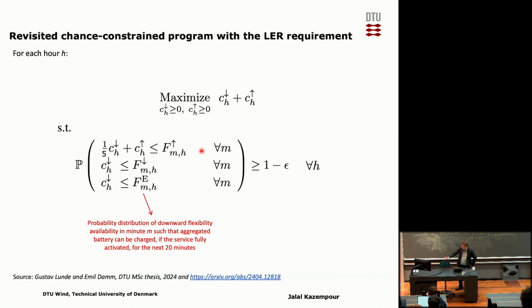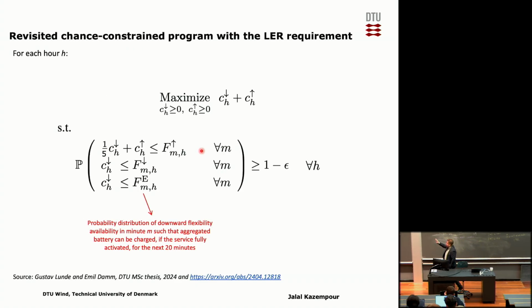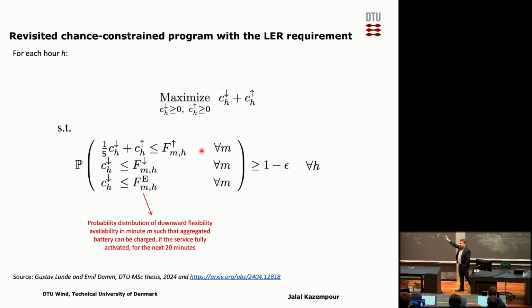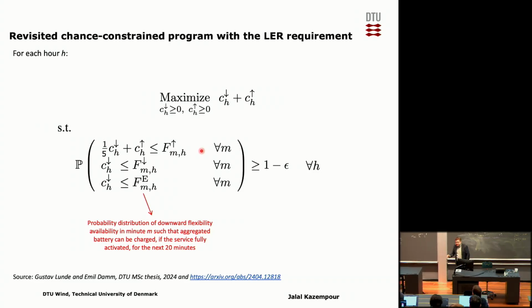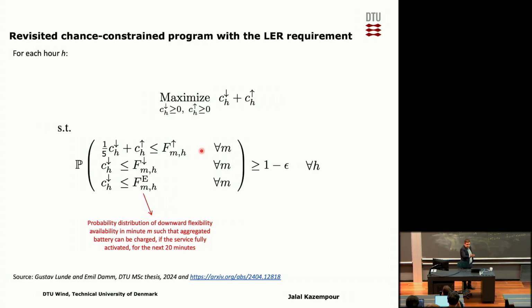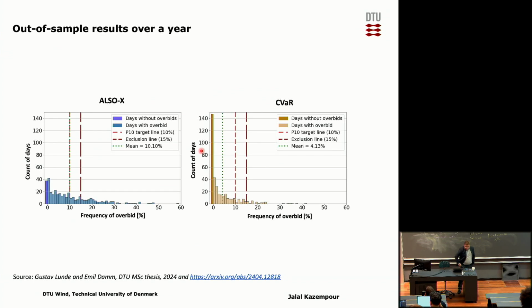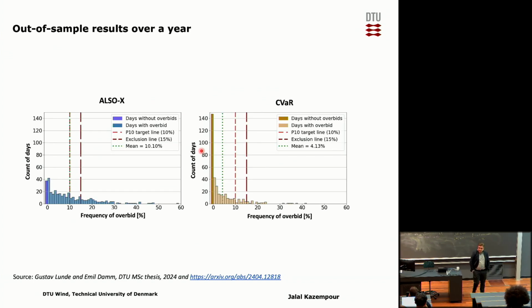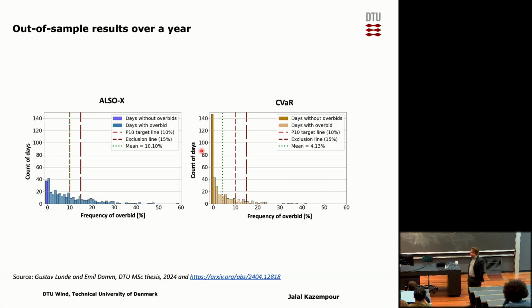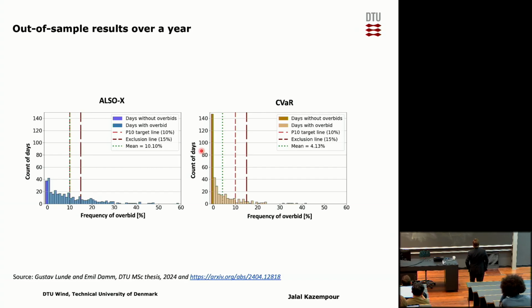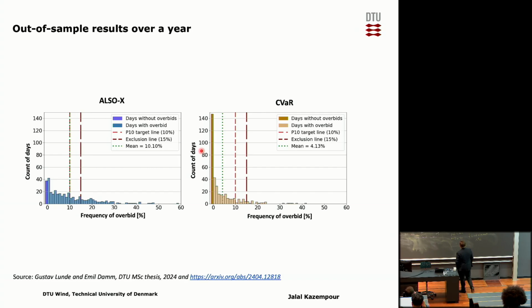Good. Again, Emil and Gustav solved this chance constraint problem using both ALSO-X and CVaR algorithms based on sample-based reformulations. And they ended up with these results. This is out-of-sample results.